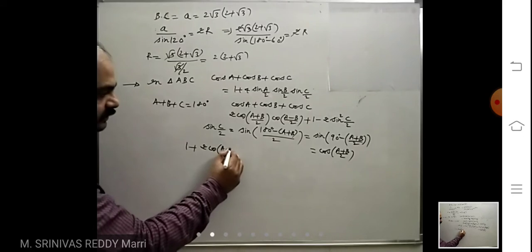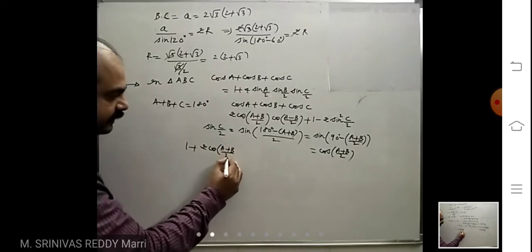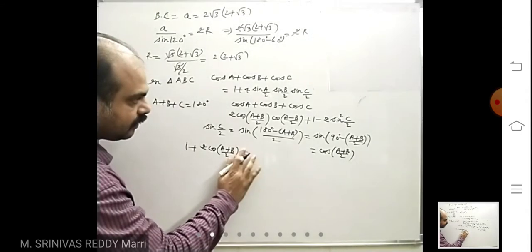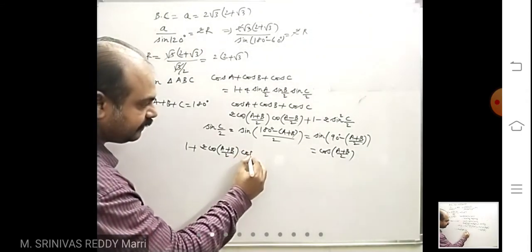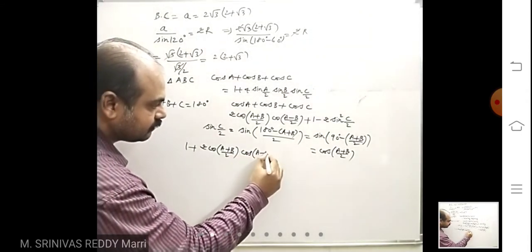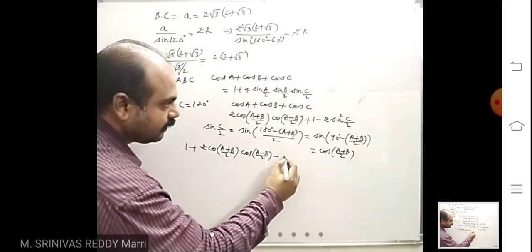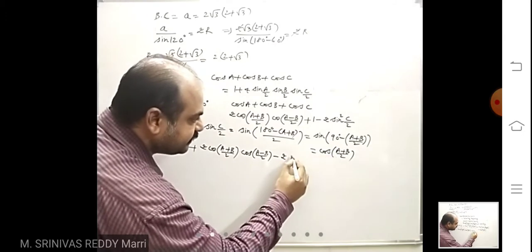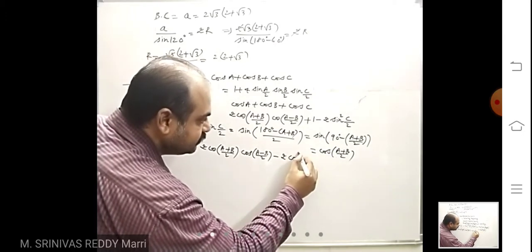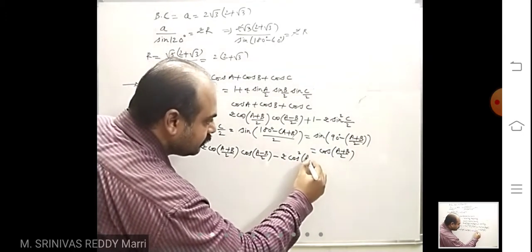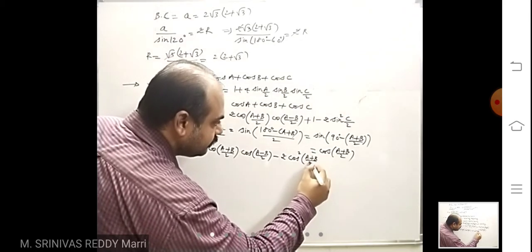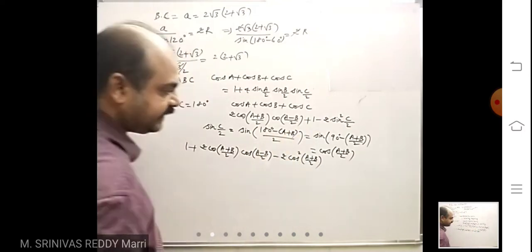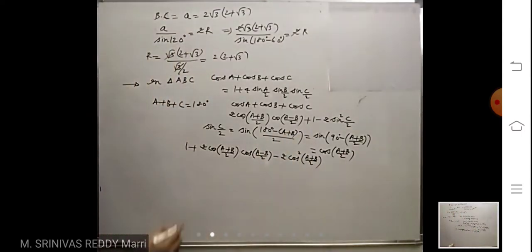Look at this, one is there, one here: 1 plus 2 cos A plus B by 2 cos A minus B by 2 minus 2 cos square A plus B by 2. Instead of sin C by 2, I have written cos square A plus B by 2.